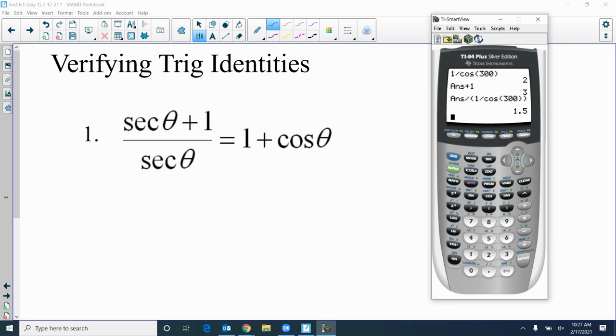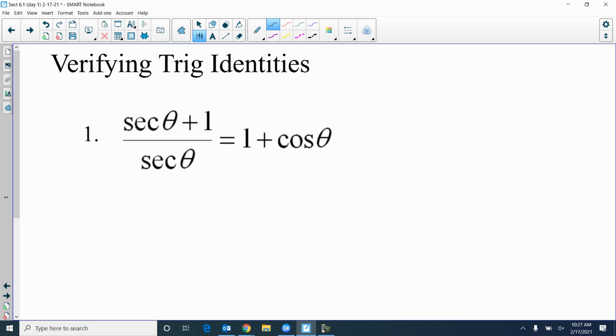I get 1.5. What is 1 plus cosine of 300? 1.5. No matter what angle you pick, that left-hand side is going to match up with the right-hand side. But we have to prove that. Just because you use two examples, that doesn't prove it. It just shows it for two examples. If you say all real numbers, you'd have to prove it for every real number, which is impossible.